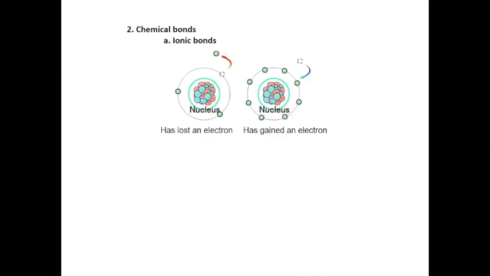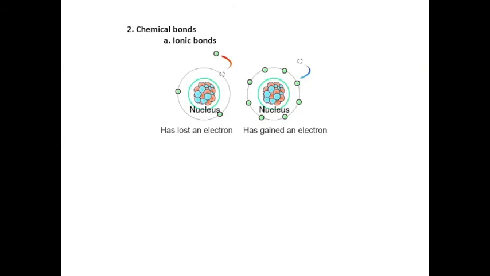So in some instances, this element has lost an electron, and this element has gained an electron. So if I lose an electron, what charge do electrons have? Negative charge. So if this atom has lost an electron, it's now no longer neutral.